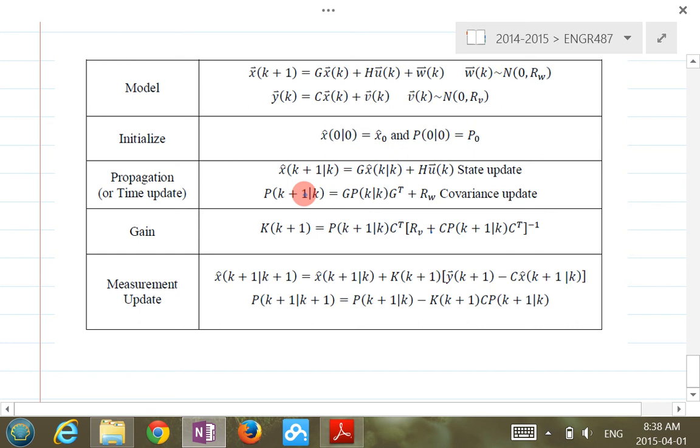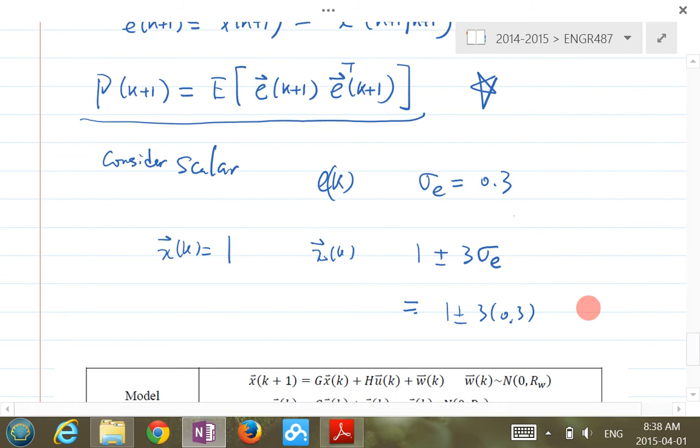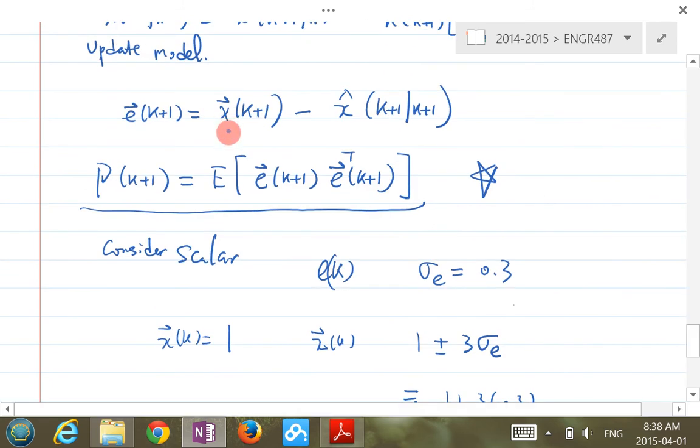Both of these are error covariance matrices, right? What's the difference between these two? Of course, this is k and this is k plus 1. But from the definition point of view, this one is the error covariance matrix between the actual value and x hat k plus 1 given k.